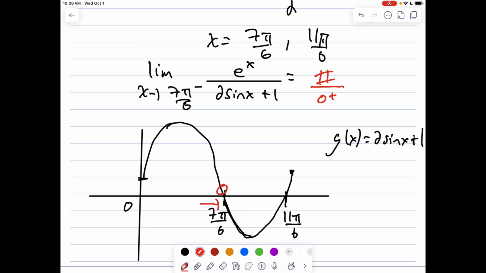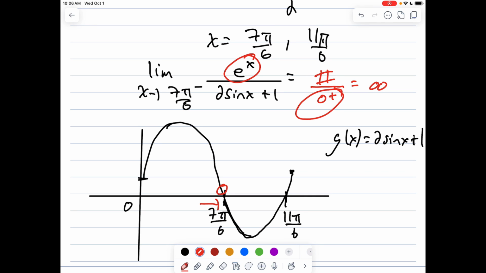Anyways, when you have a number and you divide it by numbers that are getting so small, you get an infinity or negative infinity. And in this case, it's a positive infinity, because the numbers on the bottom look like 0, but they're positive. And on the top, e to the 7 pi over 6 is what e to the x approaches, and that's positive.